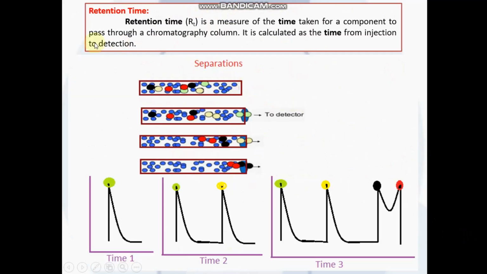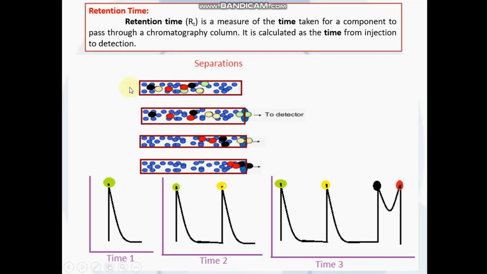Then here is a picture which shows some peaks and some separations in this column. Here, suppose the mixture contains 4 components. One is denoted as green, second one is yellow, third one is black, and fourth one is red.